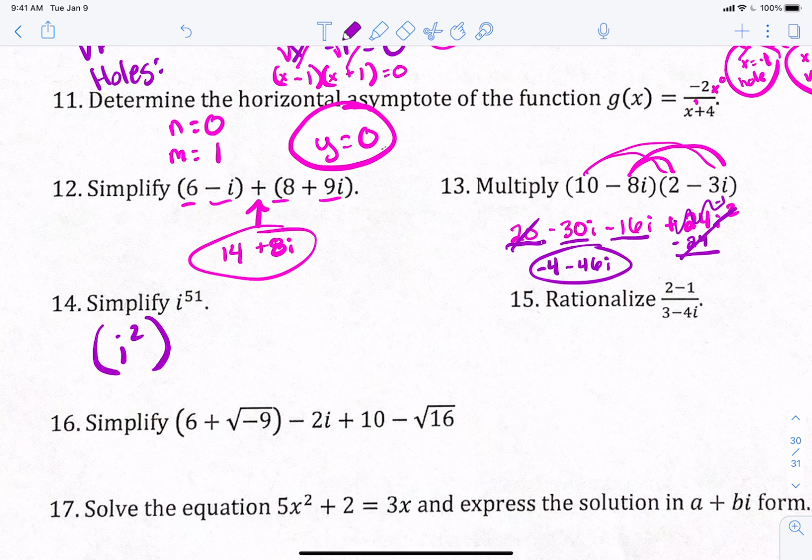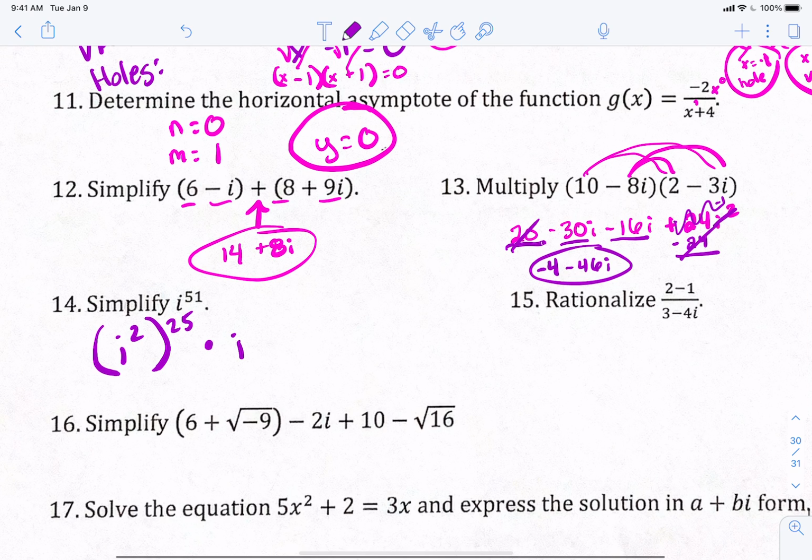Okay, no. Does 2 go into 51? No, but it can get me close by taking it times 25, right? 2 times 25 is 50, but I want 51. So times i to the first power. Because this combined right here will give me 51 of them, right? So i squared to the 25th, that's 50. And then another i to the first power gives me 51.